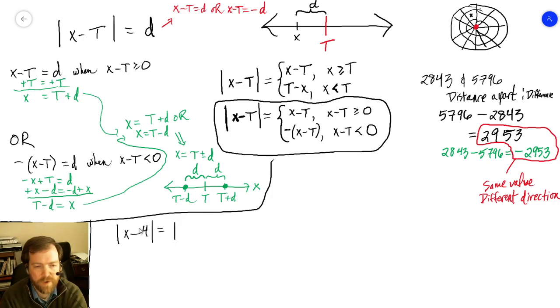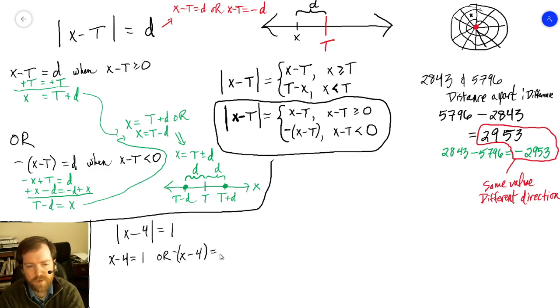So absolute value x minus 4 is equal to 1. We're going to say here that this is, again, just like we did algebraically over here, x minus 4 is equal to 1, or the negative of parentheses x minus 4 is equal to 1.